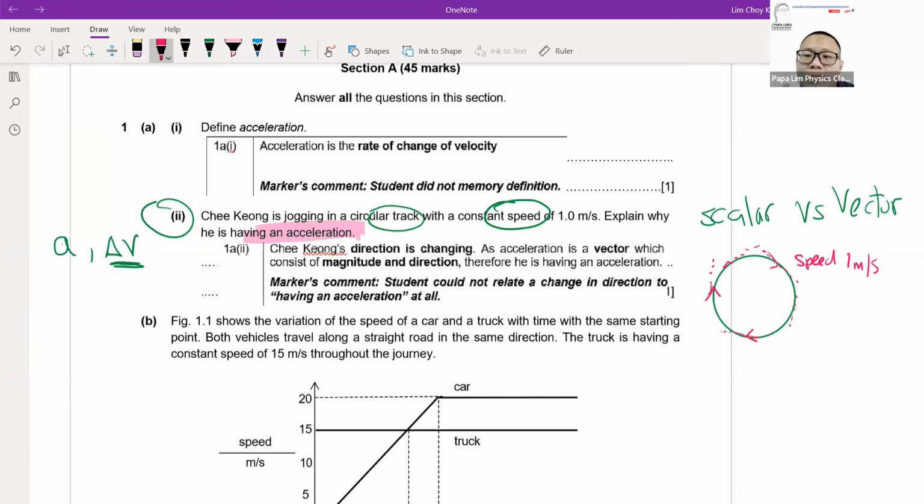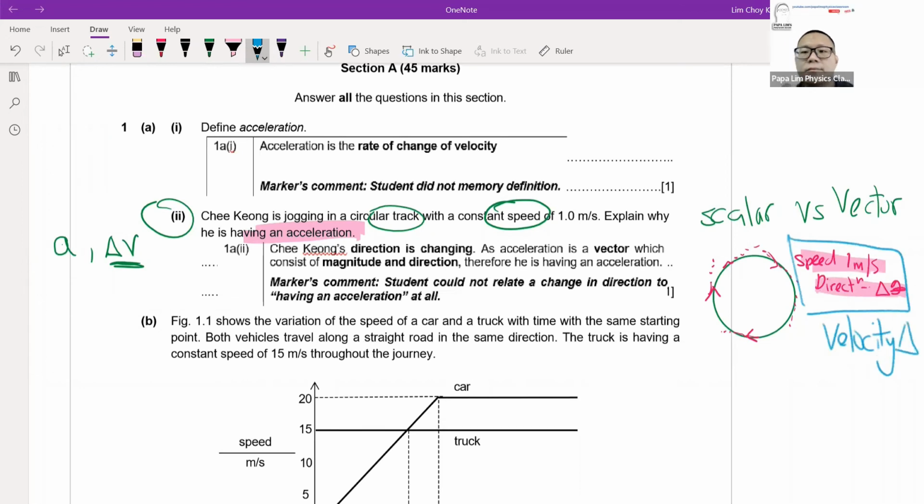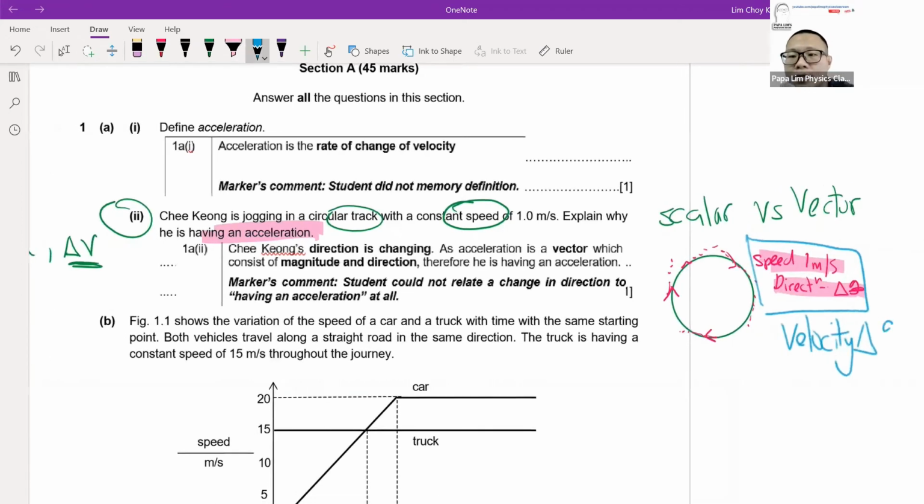So even though the speed is the same, you will find that the direction of Chikyong is always changing. Because direction is changing, even though the magnitude remains constant, Chikyong's velocity is changing, even though the speed is the same.